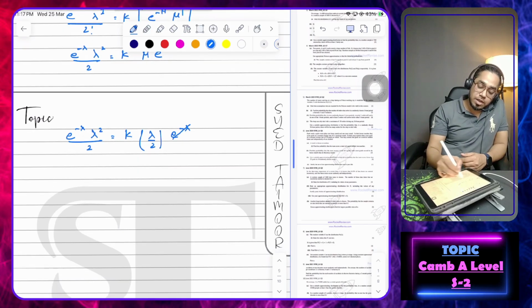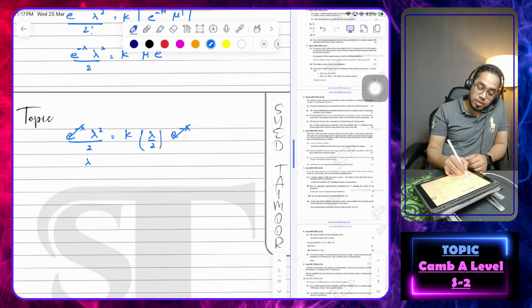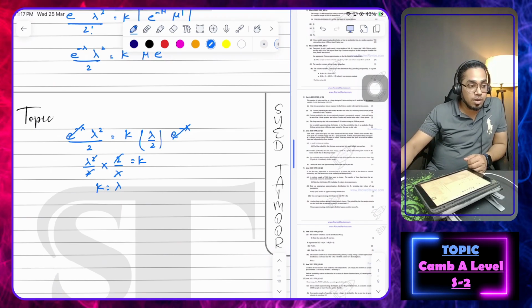These two terms can be cancelled together and there will be lambda square upon 2, and I can send that on this side: 2 upon lambda will be equal to k. 2 and 2 will become lambda. So according to that, k should be equal to lambda. That's what I'm thinking.